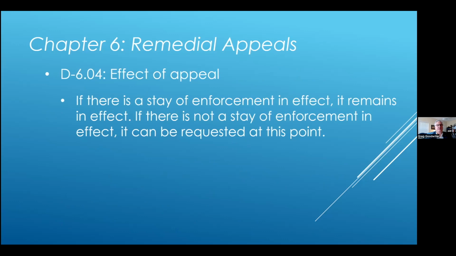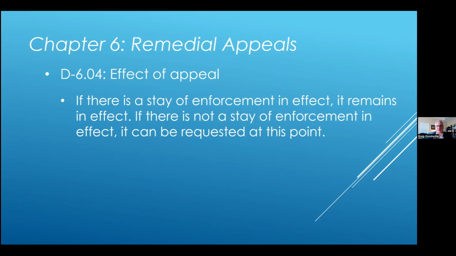And if there's a stay of enforcement, the effect of the appeal is different if there's no stay of enforcement versus if there is. And at the appellate level, you have the ability to seek a stay of enforcement, even if one was not issued at the lower court.